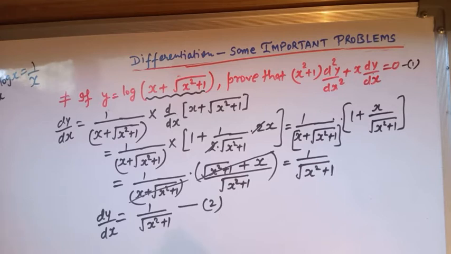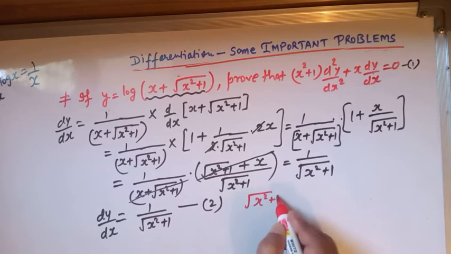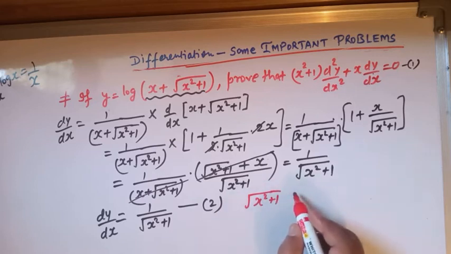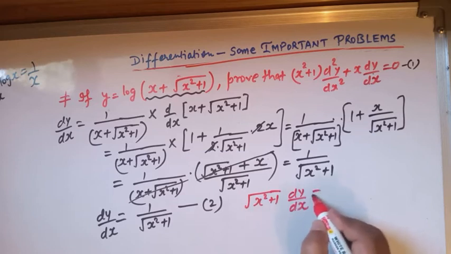sorry, here we can also differentiate both sides with respect to x, but here we'll take this square root of x square plus 1 to this side. So we write it like this, square root of x square plus 1, and then we have dy over dx equal to 1.